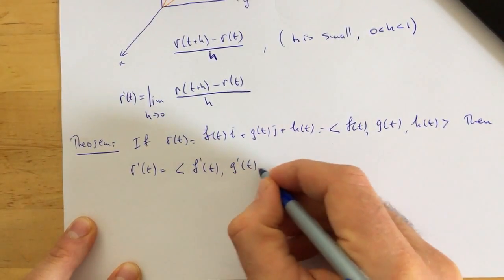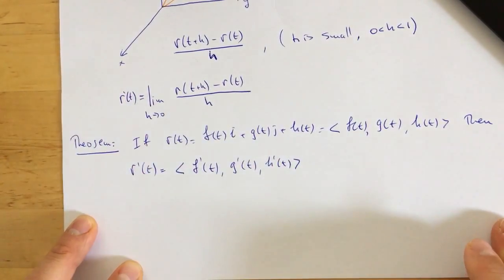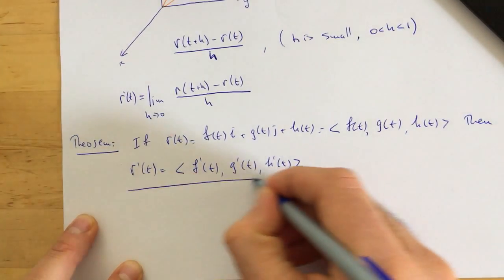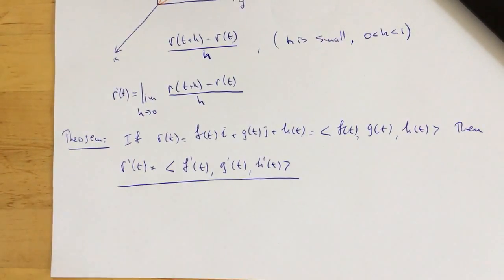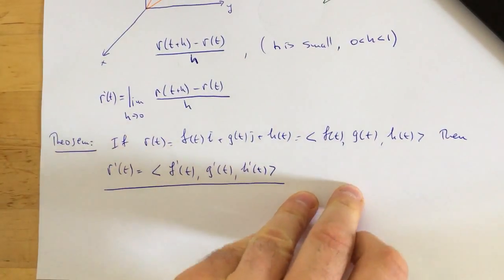A very, very simple, intuitive concept. So this is how we're going to find the derivative: just find the derivative of each component of the vector function.